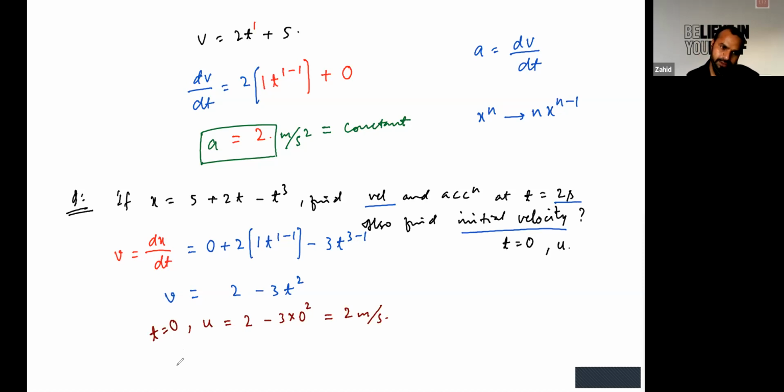In this expression, just put the value of t to be 2 seconds to find velocity. Good, Hima. Your answer is right.